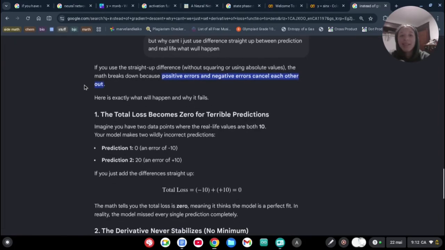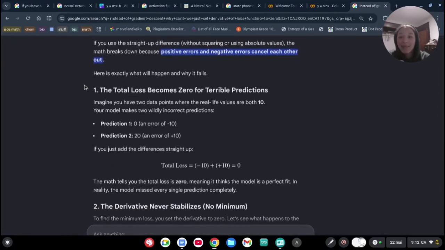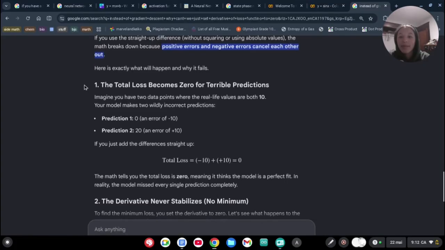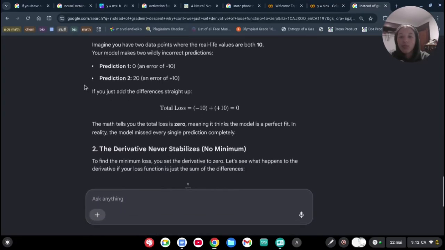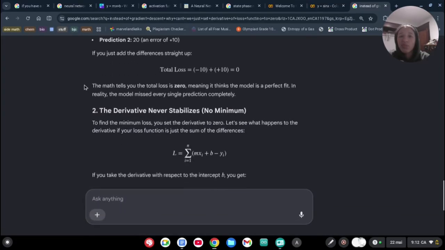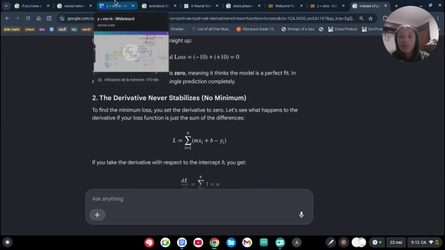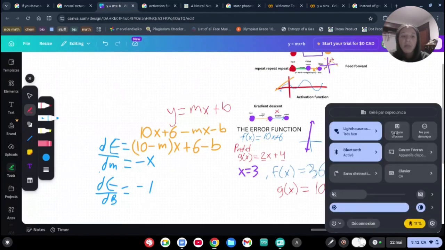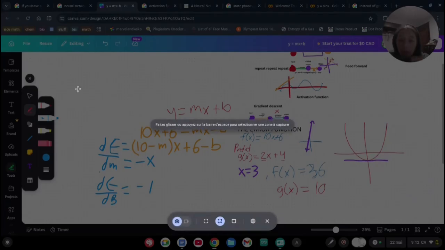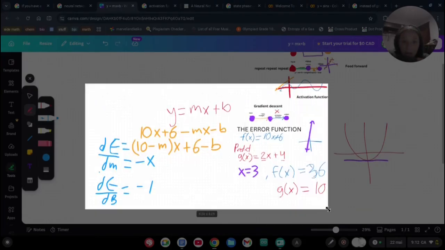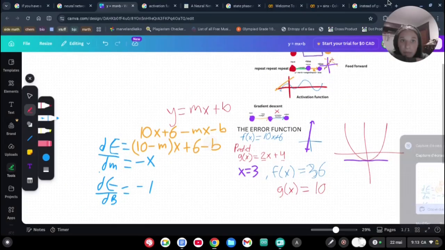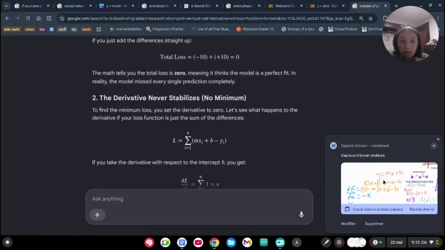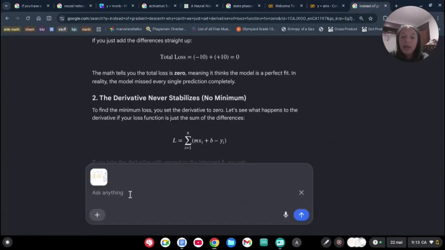Okay, that seems to be what's happening. Maybe I'll just screenshot what I have and ask it, what is wrong with this? Why doesn't this work?